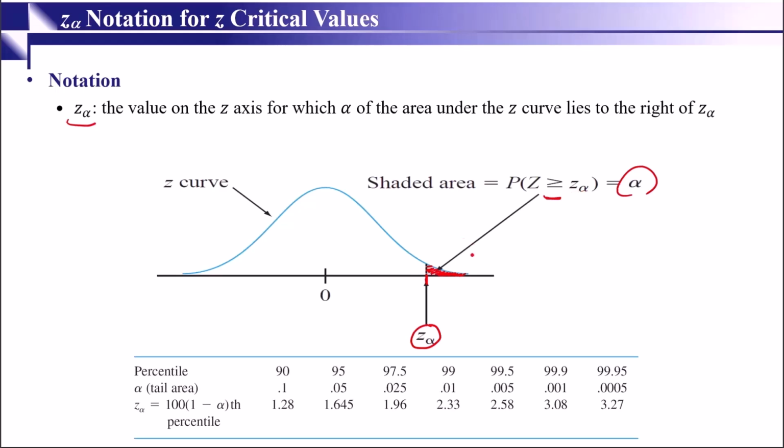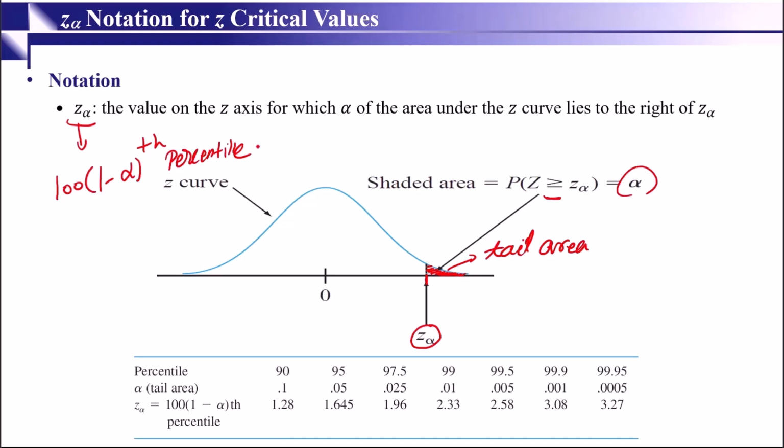Or you can say here is the tail area. Also, we can call Z alpha the 100 times 1 minus alpha-th percentile, right? So this table lists the most useful Z percentiles and Z alpha values.